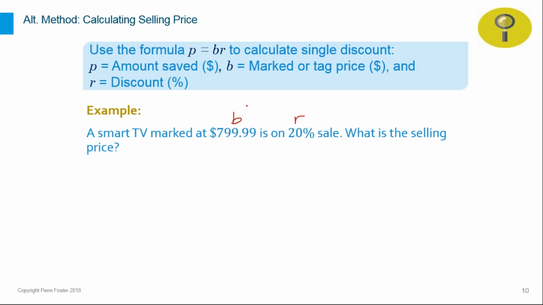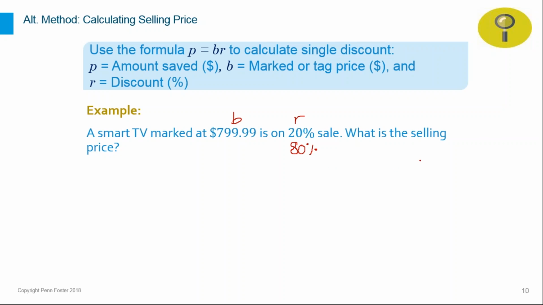I'm going to show you the two ways. The one way that we said: find P, which is the savings, and subtract the savings from the tag price, and that will give you the selling price. Or another way is to represent the rate using 80%. Why 80?